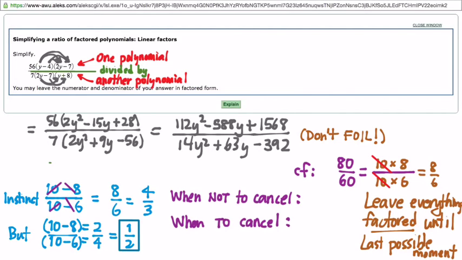If we also divide by 2, we get it down to 4/3. Here, I think we can agree that this cancellation is kosher. This is fine, where this was not. So what's the difference? When is it okay to cancel 10s? When is it not okay to cancel 10s?